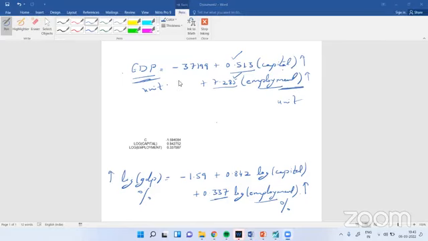The thing is, a 1% change in employment will change GDP by 0.337 percent. Now it's no longer the original series. We are measuring the elasticity as log is applied.